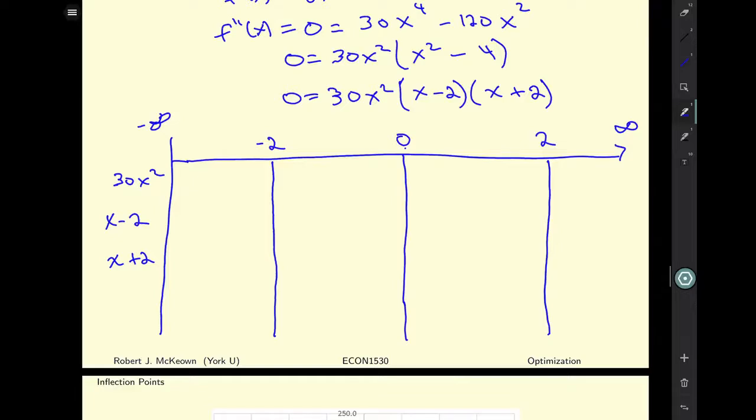Now 30x squared, that's pretty easy. Any value of x is going to be positive. A negative squared is positive, so no worries about that one. X minus 2: if x is less than positive 2, it's going to be negative.